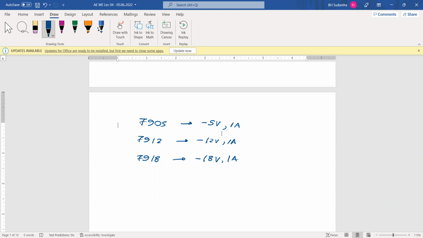For example, LM317 and LM338 are variable voltage regulators. Then you can have a controller and change the voltage according to your requirement. It's not like this type of fixed regulators. Those voltages can be varied. If you use a variable voltage regulator, it will be very useful.